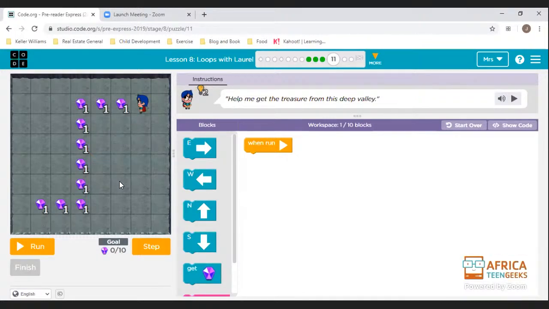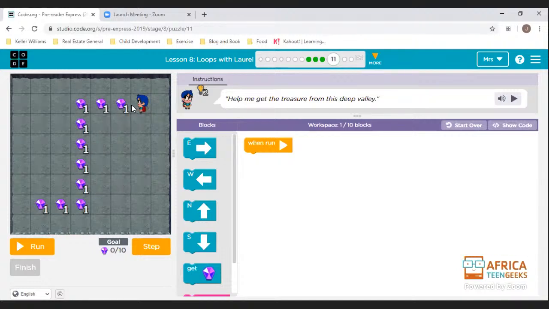You can ask mommy or daddy to take a picture or a screenshot of your coding and then email it to me so that I can see how clever you are, okay? And when you do this, in our next lesson I am going to mention your name and say thank you for your homework. So you can try this one by yourself. We are going to do it together as well. But when we are finished, you can press the reset button and try it on your own and then send it to me. Okay, so let's do it together first.